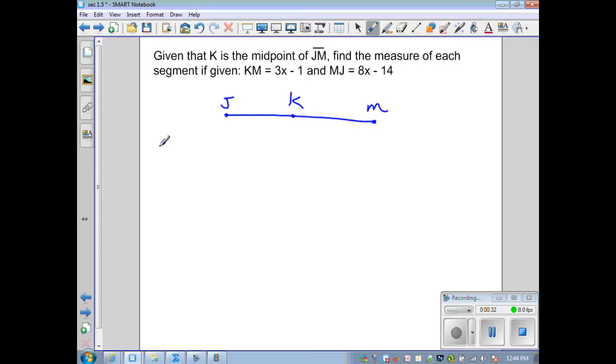Therefore, that tells me that the length of JK is equal to the length of KM. I also know that segment JK is congruent with segment KM, and I can denote that in the diagram with tick marks.